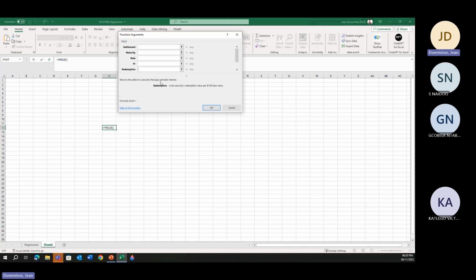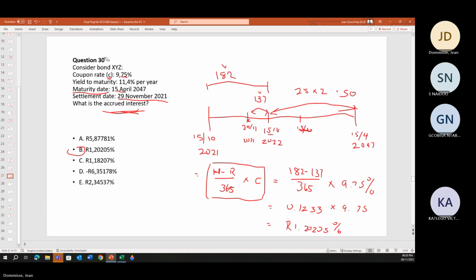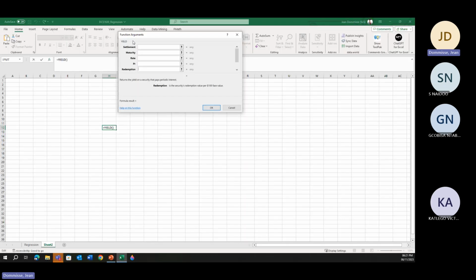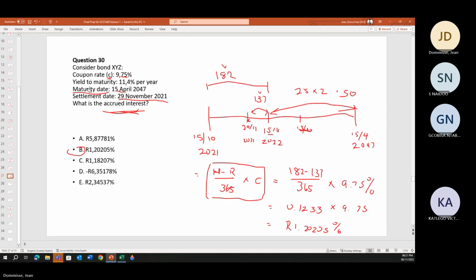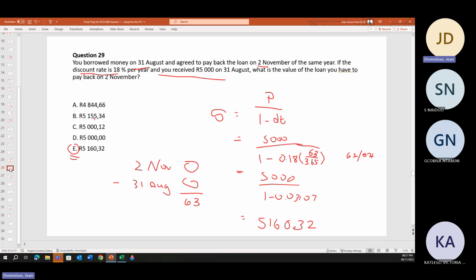Okay, but now, the only problem is, with this, okay, let's use that information, but we're actually not, because we want to work out accrued interest.